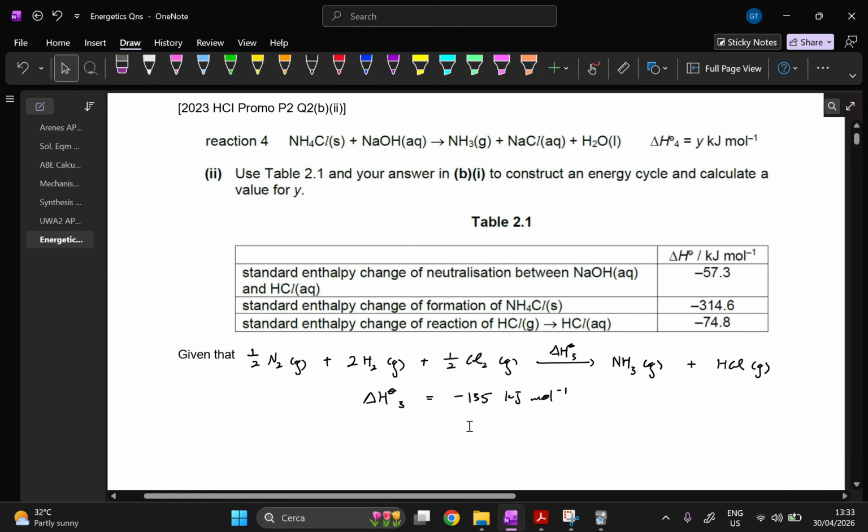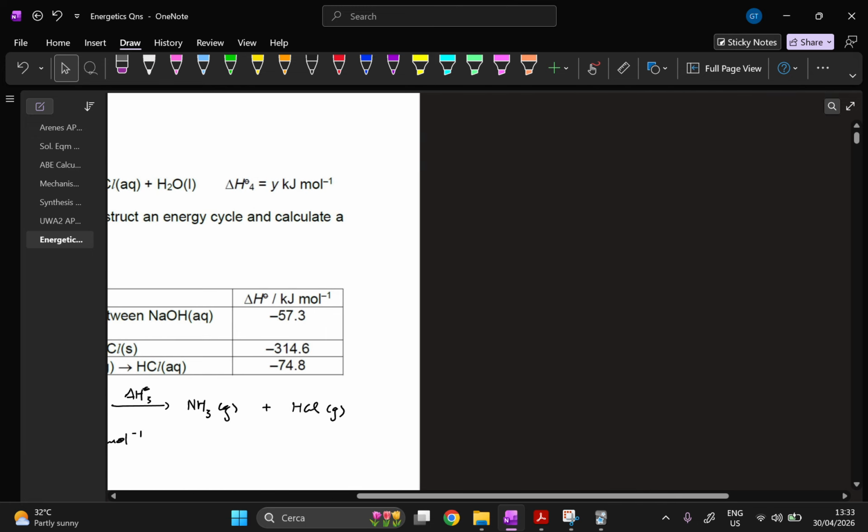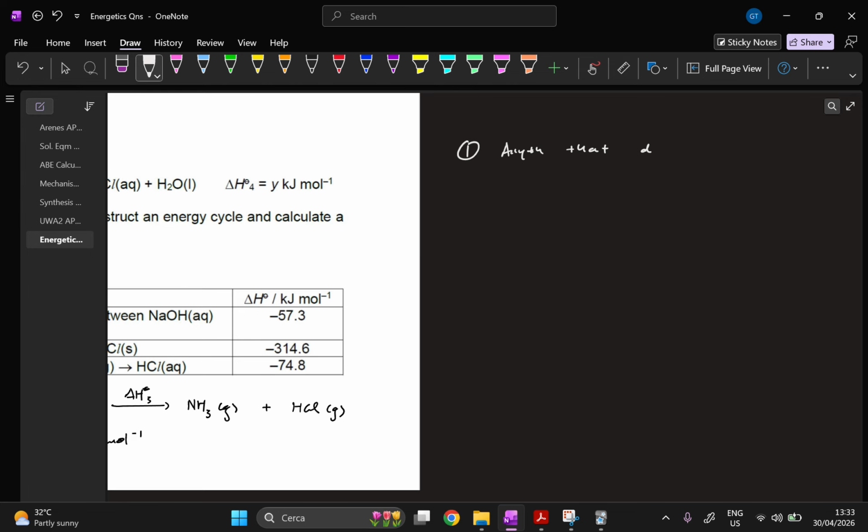So key lesson throughout these two Hess cycles is as follows. Okay, as I mentioned earlier when we were doing Born-Haber cycles, firstly, anything that does not react, in other words, anything that is unchanged, just copy over. This is first lesson.